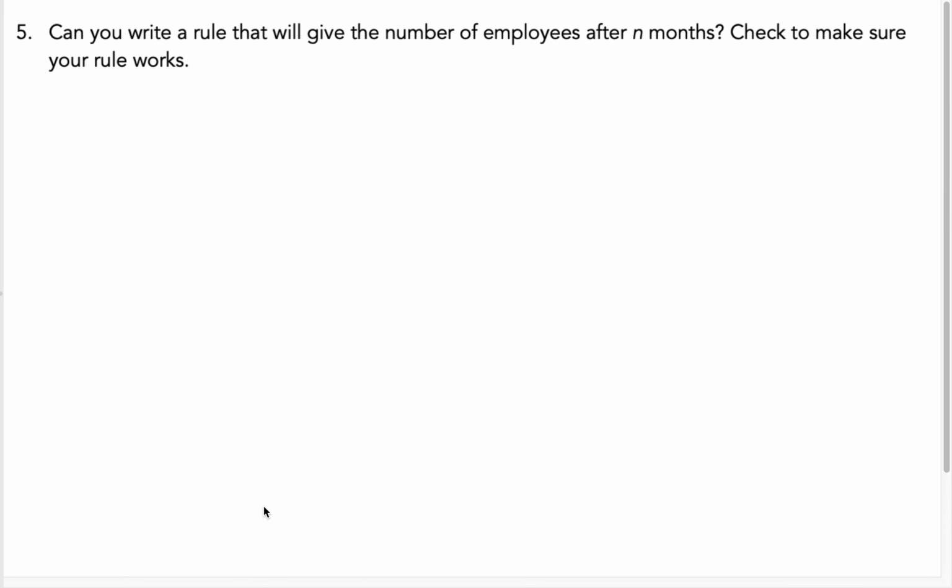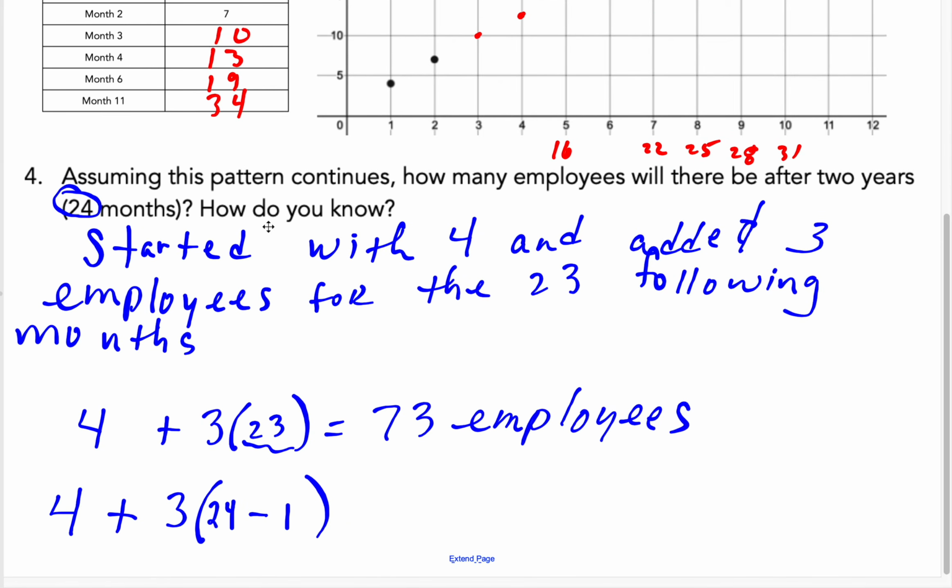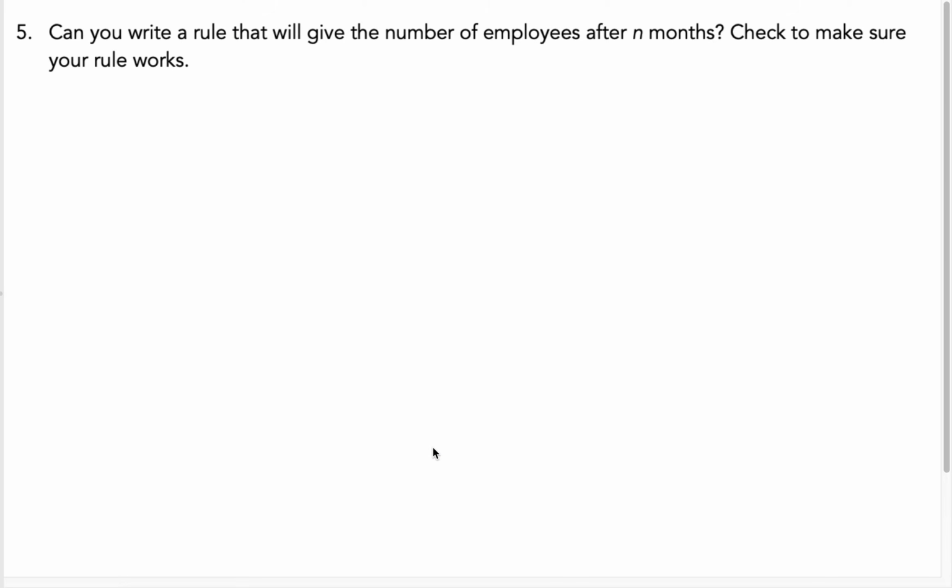All right, example 5: can you write a rule that will give the number of employees after n months? That's what I was trying to do, to show a pattern. Check to make sure your rule works. So on the last one, let's go back a minute. The result is our number of employees. That's our nth term of our sequence.